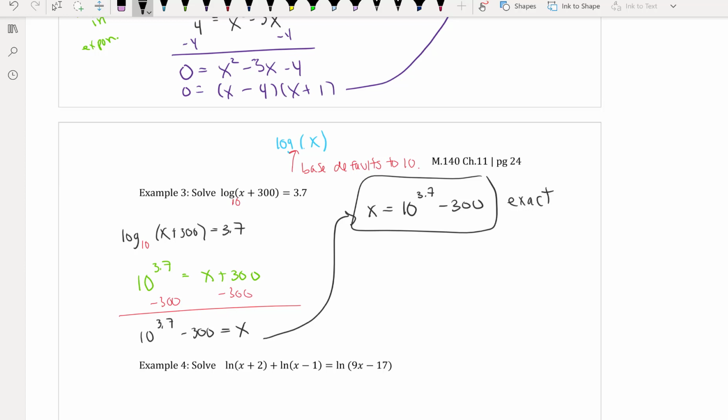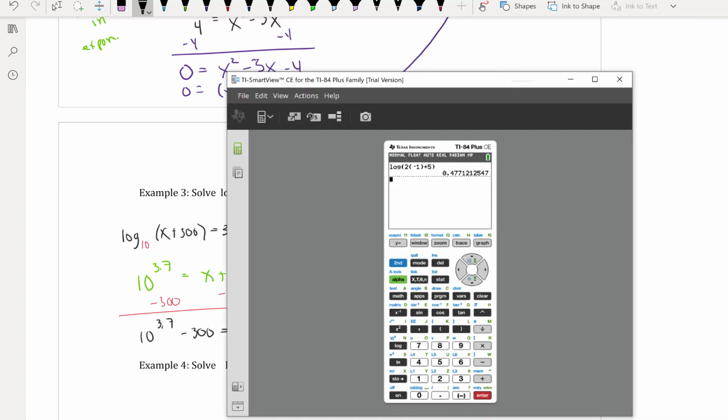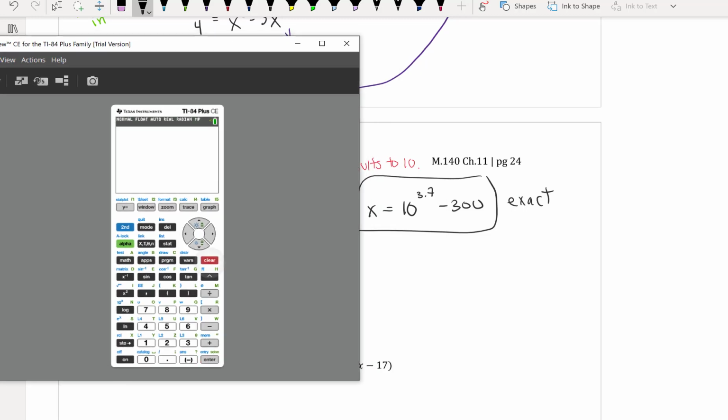So on your exam, it might ask you to write this as a decimal. I actually don't know what this is going to look like, so I might as well just go ahead and write it. So let's see, let's bring that calculator up. So I have this as 10 to the power of 3.7, minus 300.